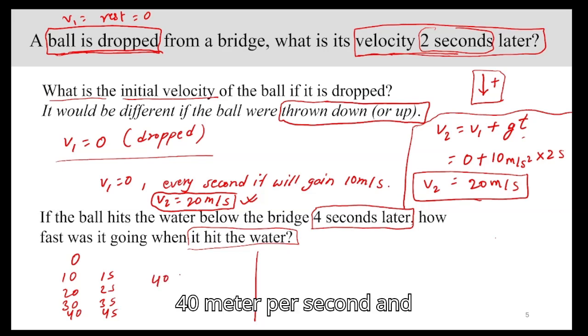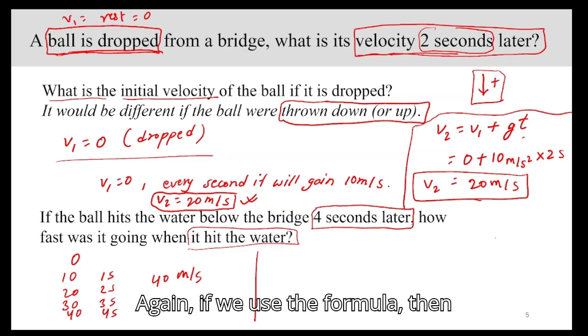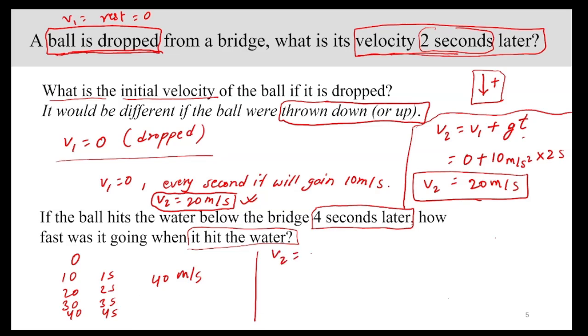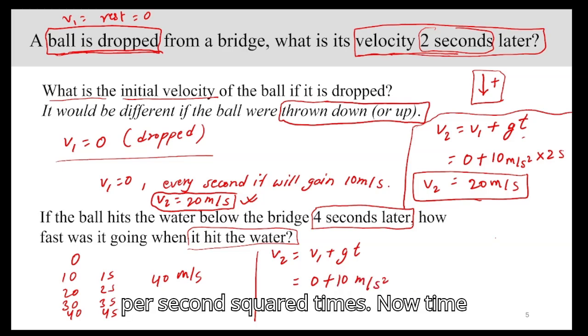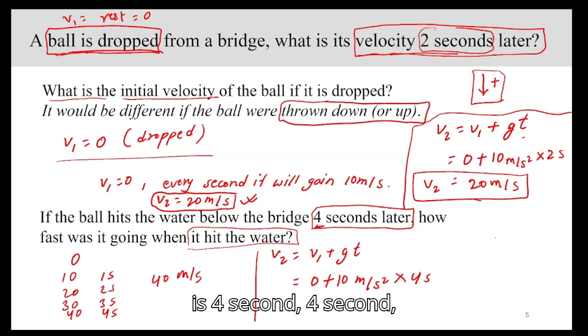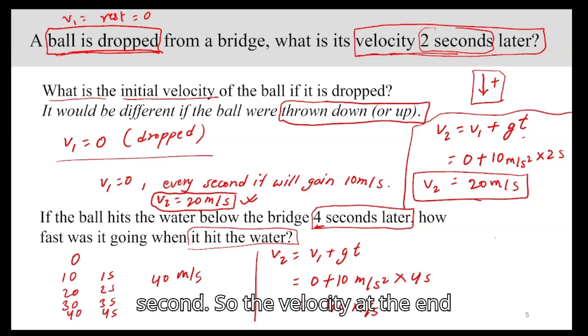So 40 meters per second. Again, if we use the formula, then velocity is v1 plus gt, and v1 is 0 plus 10 meters per second squared times 4 seconds, which is 40 meters per second.